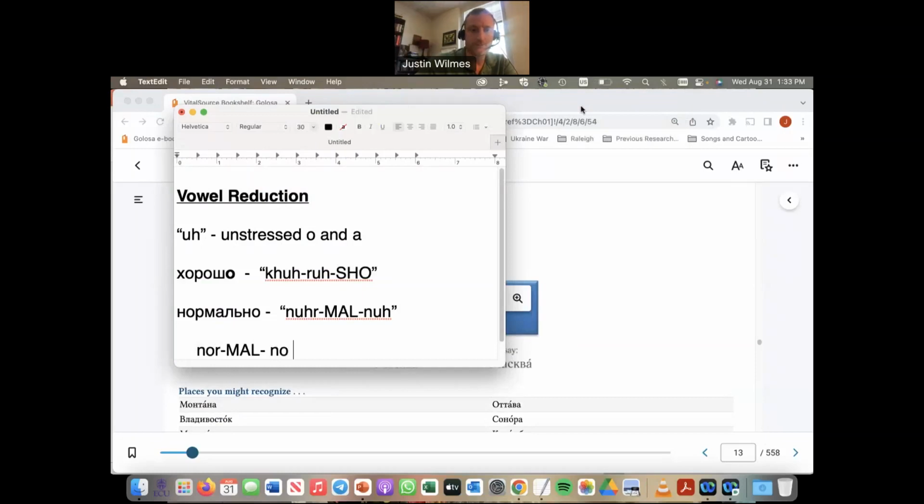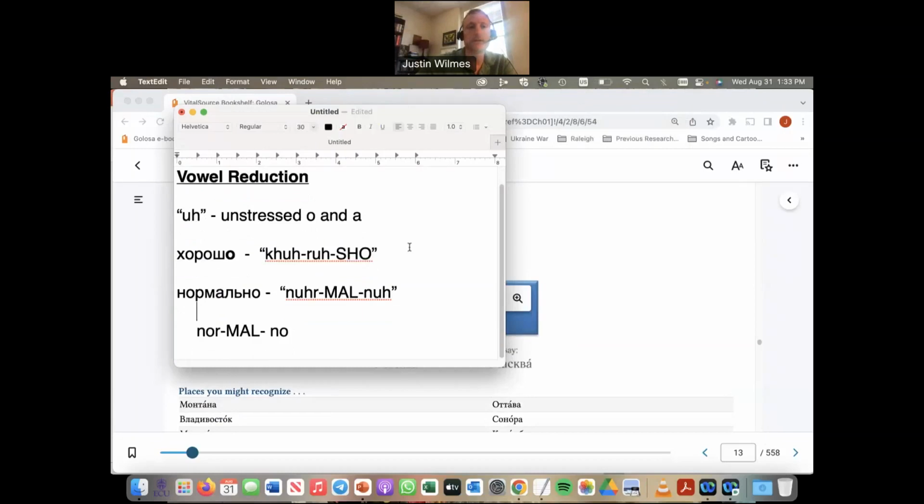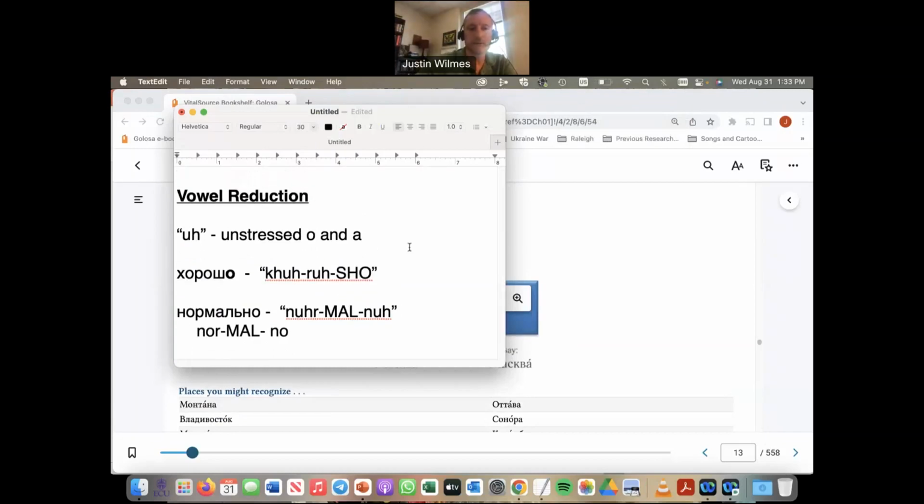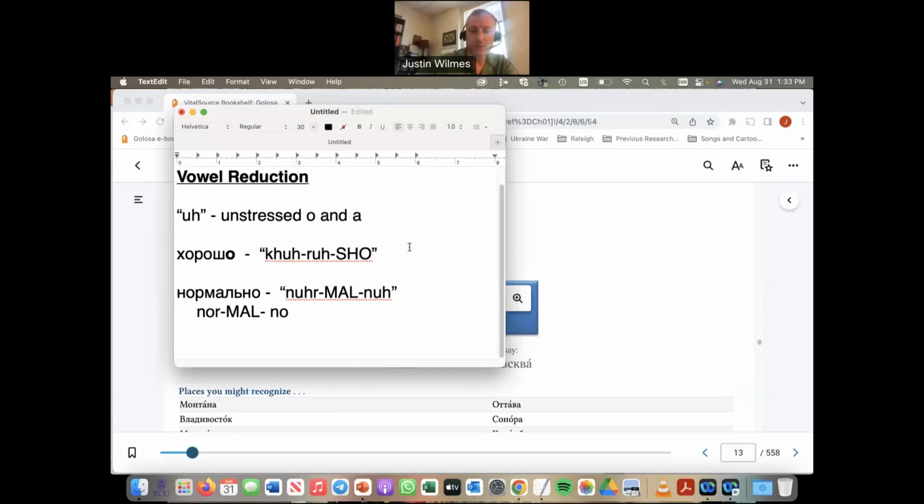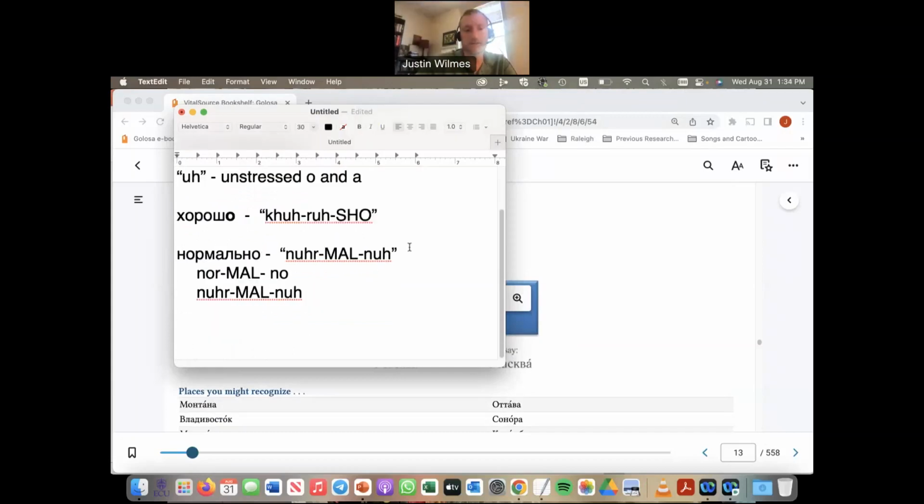Because that's the way it looks, and it's logical, right? But they're forgetting about vowel reduction. So it sounds much more correct in Russian to say "narmalno." Okay, I hope that makes sense.